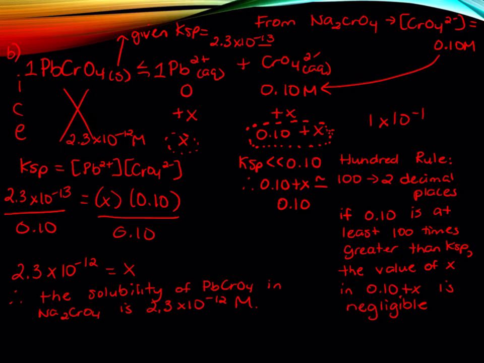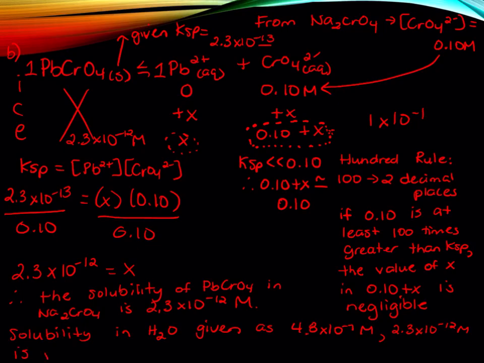Okay, so now we have the solubility of lead chromate in sodium chromate. So now, did we prove our question? The solubility in water was given as 4.8 times 10 to the negative 7.